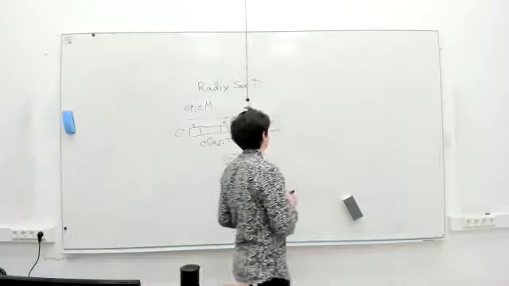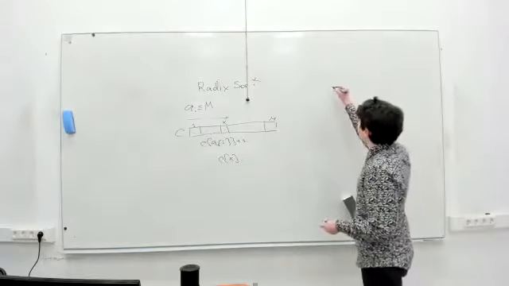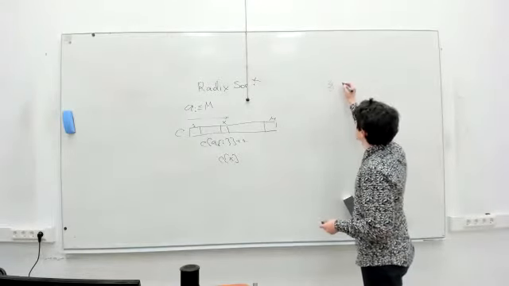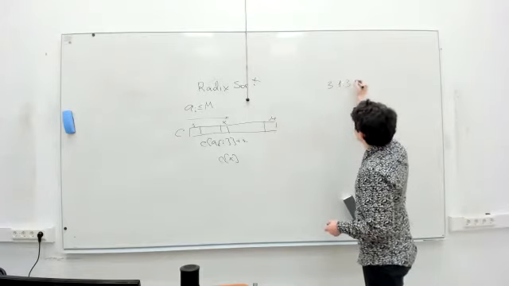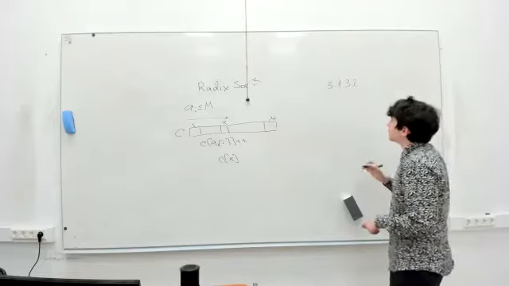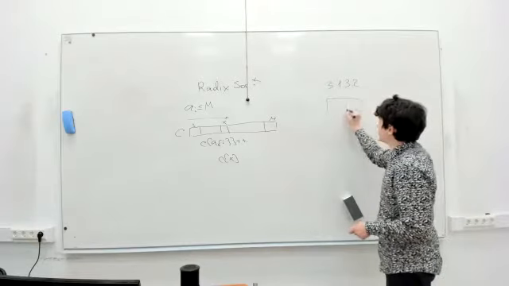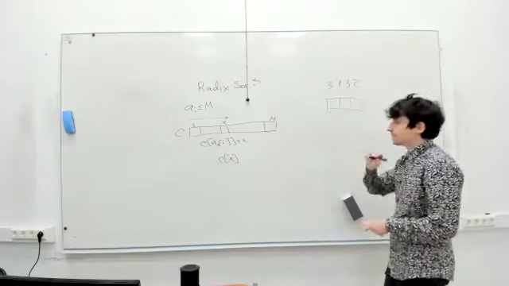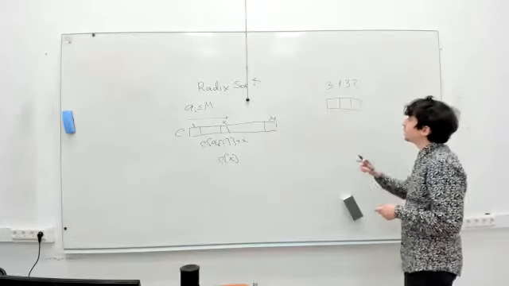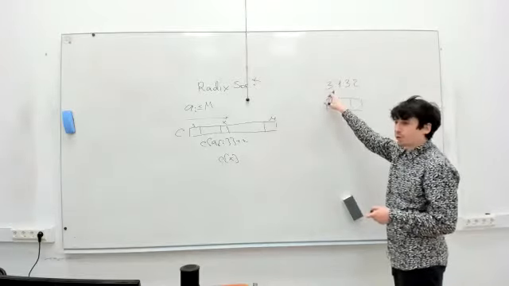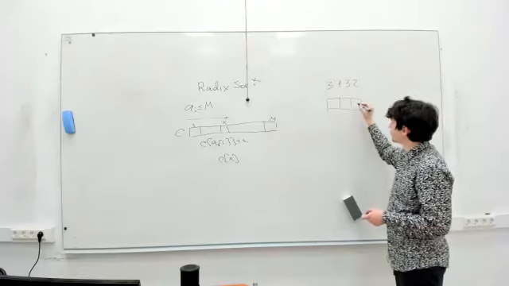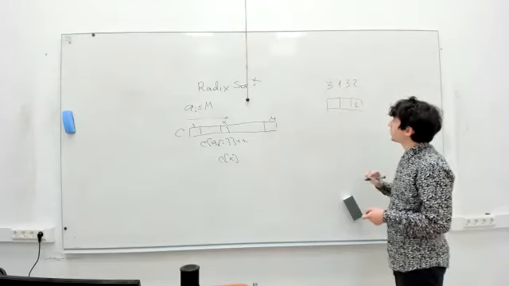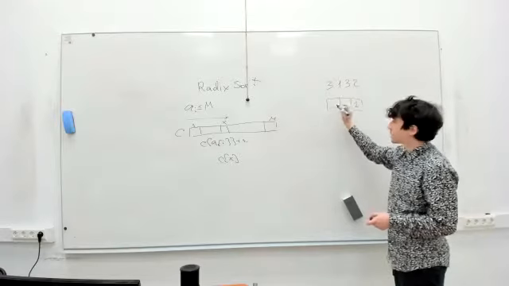Okay, let's take an example. For example, I have the array 3, 1, 3, 2. I know that n is 3. So I go 3, I increase the third cell here. Then I see 1, I increment the cell here.